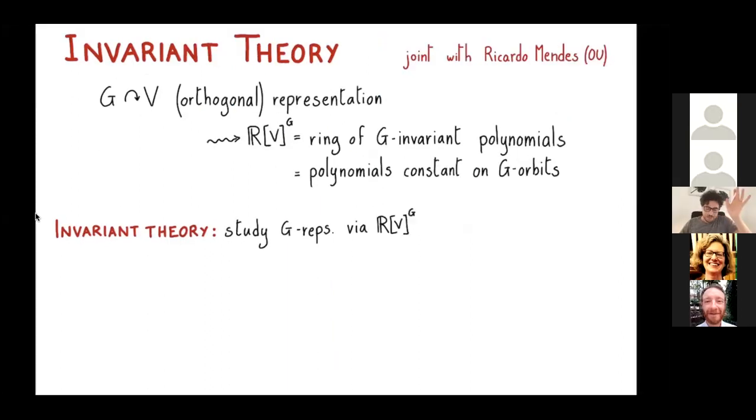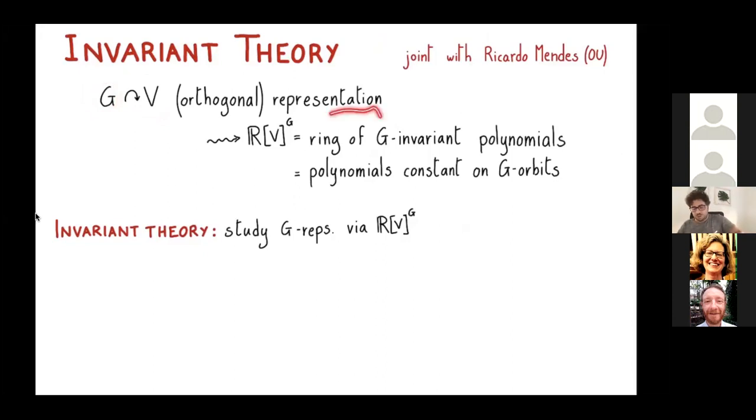Going back to invariant theory, I'm going to start with a very special situation where we have a vector space V, and a group G, mostly compact, acting by linear isometries.